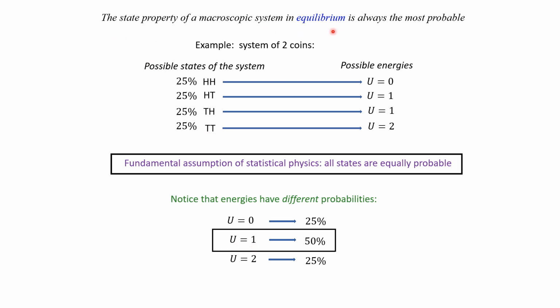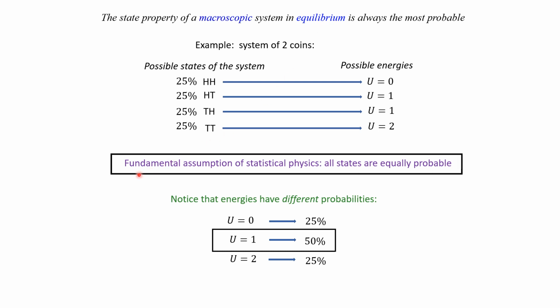According to this principle, the property of equilibrium is the most probable property. So in our example, the property energy equal 1 is the property of equilibrium, which means that this is the property that does not change in time.